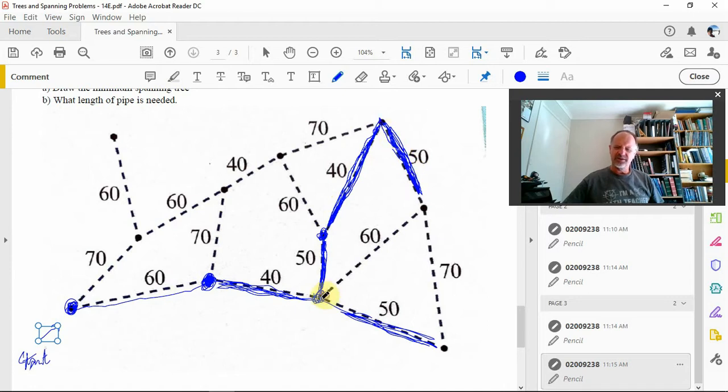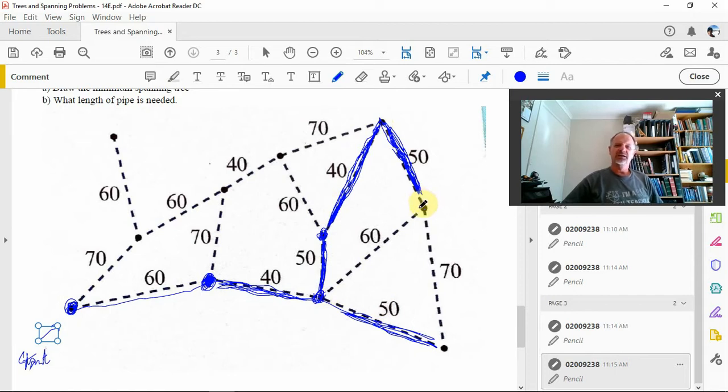So even though you might think 60 to there is shorter than going 50, 40, 50, the thing is, when we're going 50, 40, 50, we've gone through these two other vertices on the way. So we've got 3 vertices in by the time we get there, for the price of just getting one.